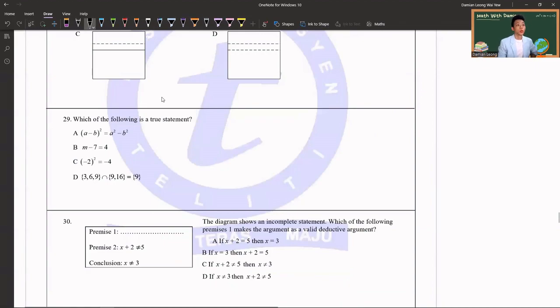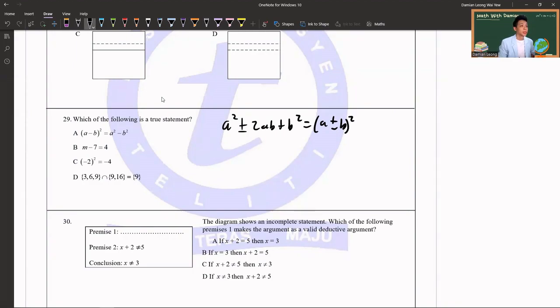Question 29. Which of the following is a true statement? This is wrong. If I follow the formula, a plus minus b squared will expand into a squared plus minus 2ab plus b squared, instead of just a squared minus b squared.